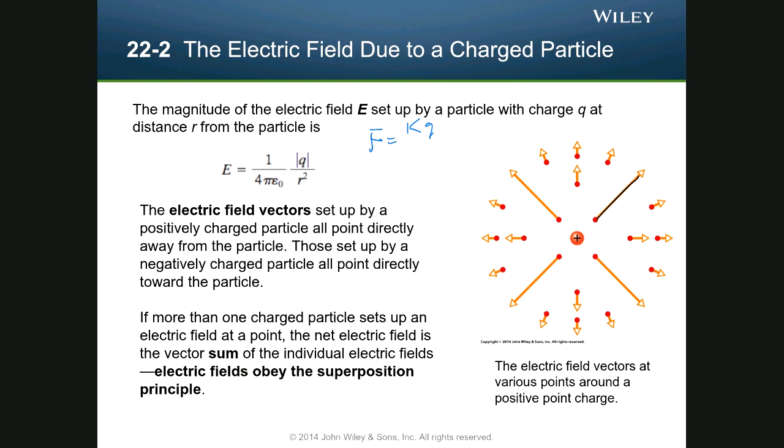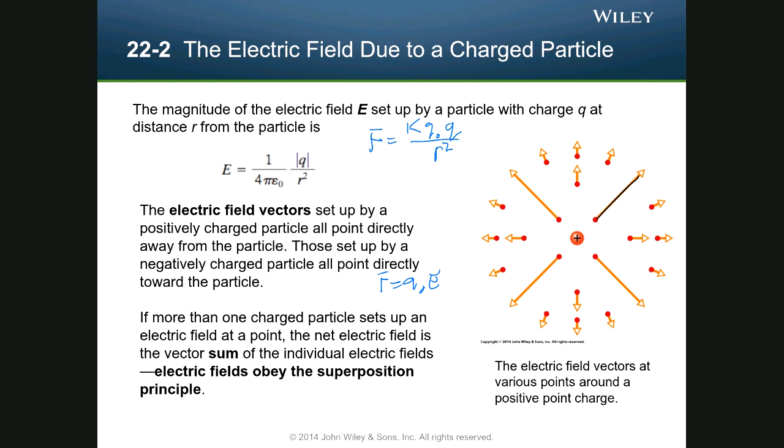Now, why do I write this like this? Because you'll remember we had another equation for force with the electric field. We could write that force is equal to Q naught E, where Q naught is the test charge and Q is the charge distribution.